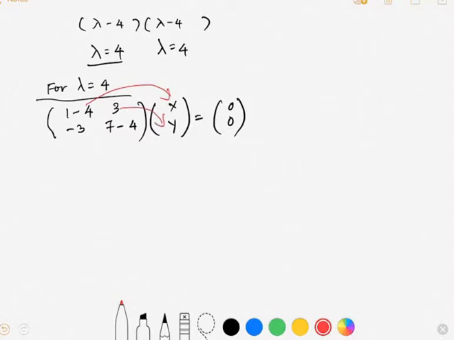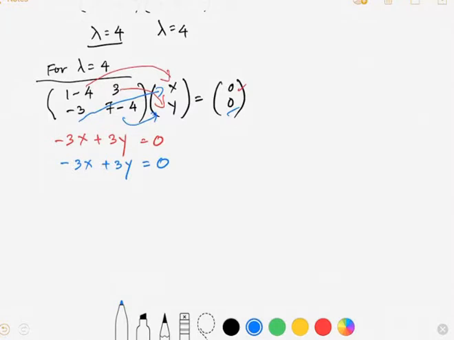Now you have negative 3x plus 3y equal to 0, and the other row is also negative 3x plus 3y equal to 0.